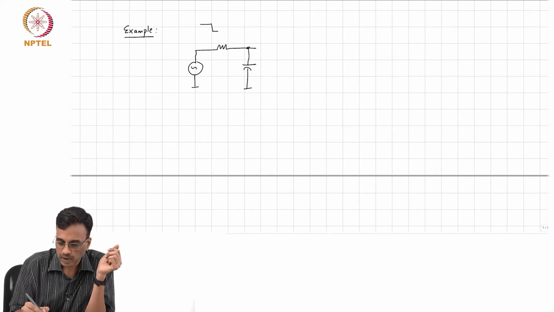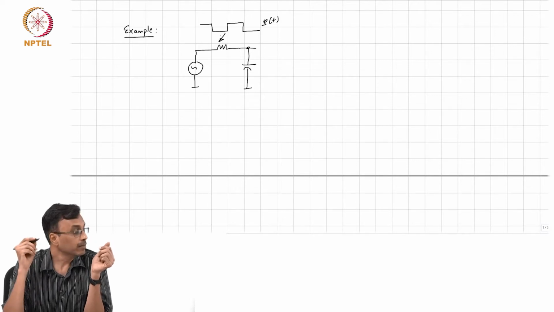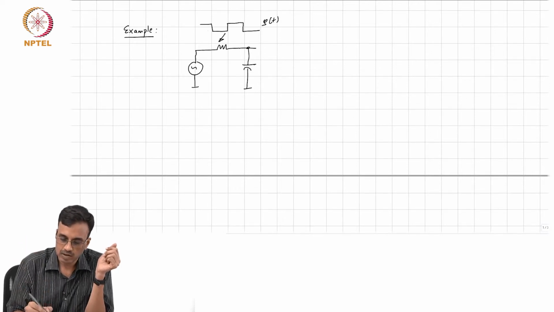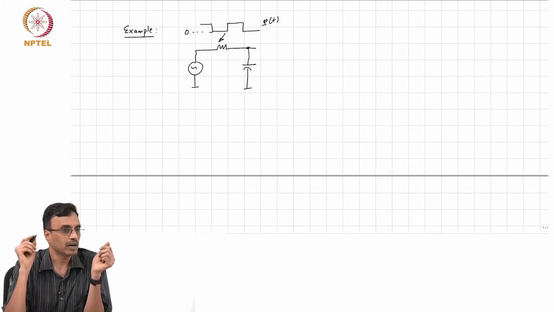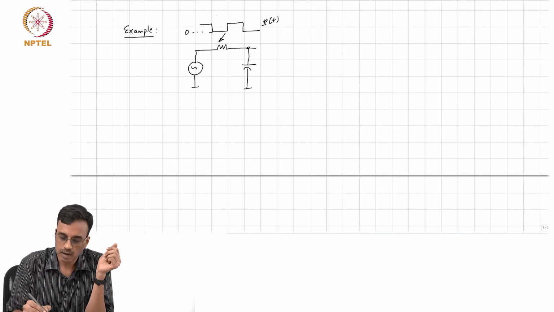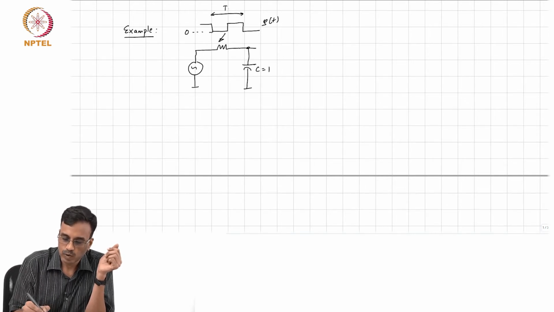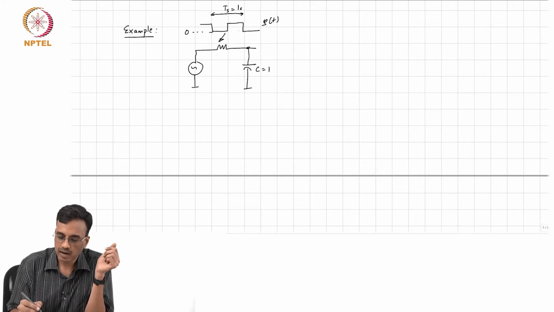Let's assume that this conductance is varying periodically: the conductance is 0 for half the time period, and for the other half, since C is 1 farad, Ts is 1 second, the conductance is some very large number.